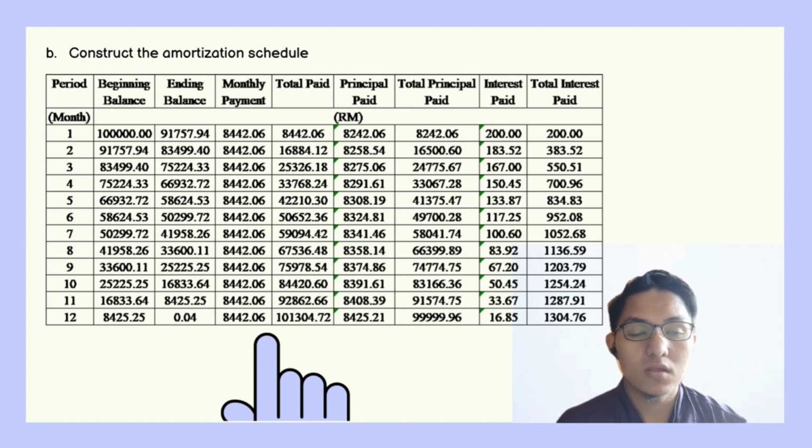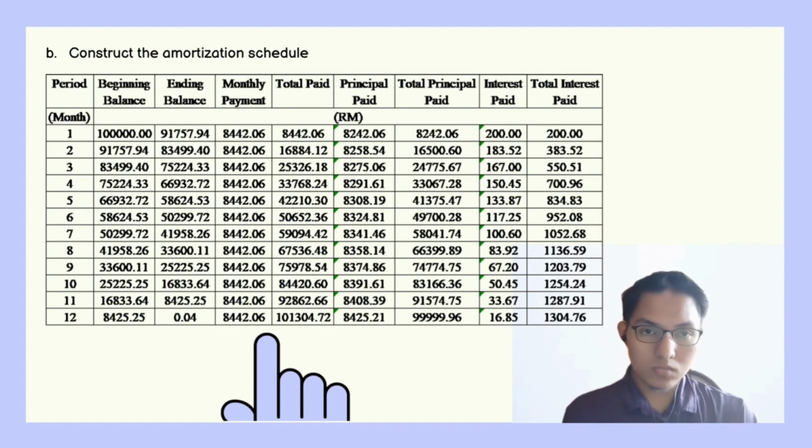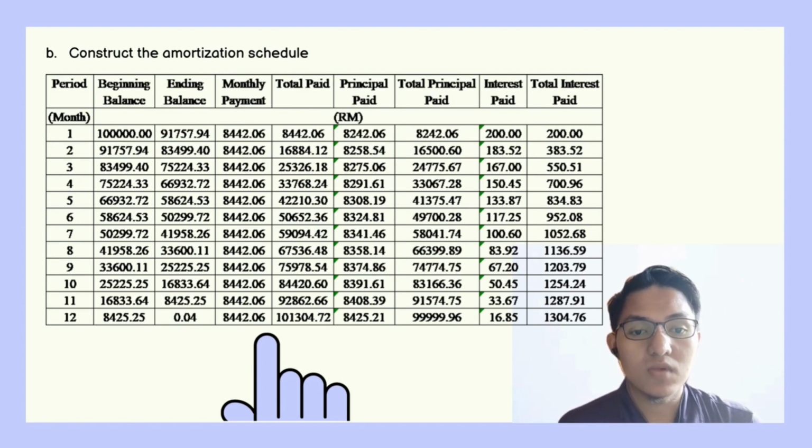For the ending balance, I'm going to show how to get the ending balance for period 1. Ending balance is equal to beginning balance minus principal paid.